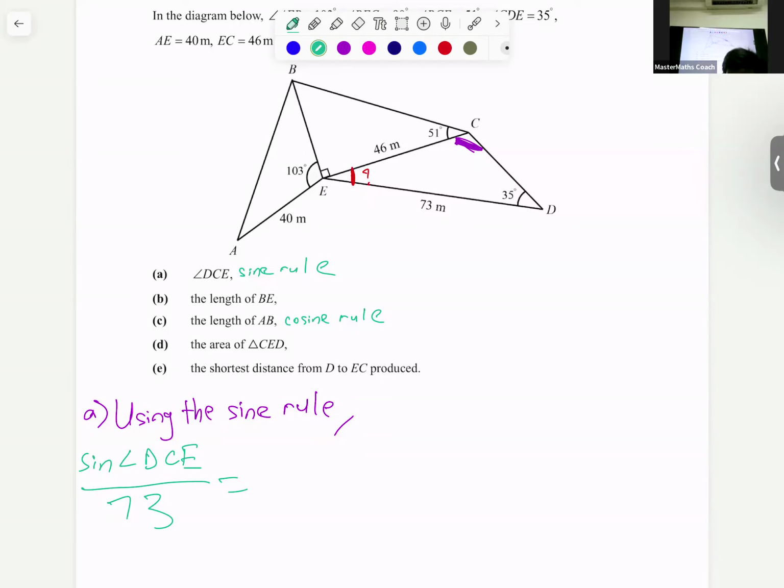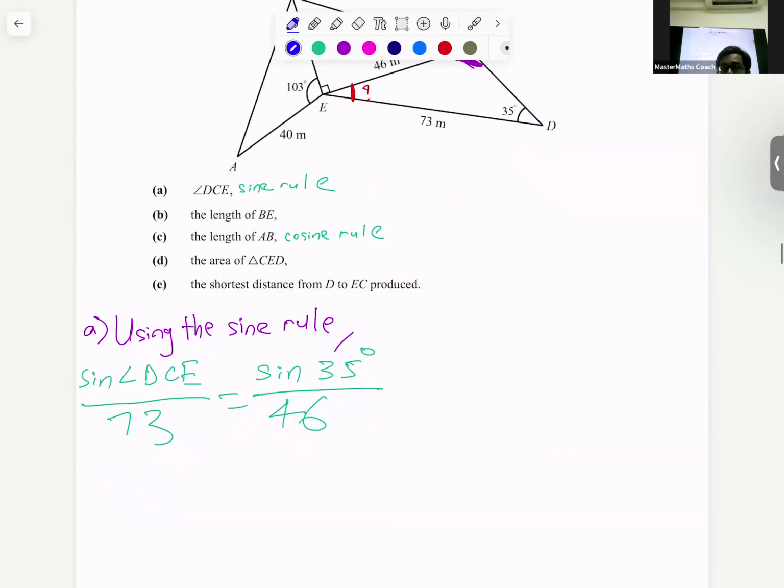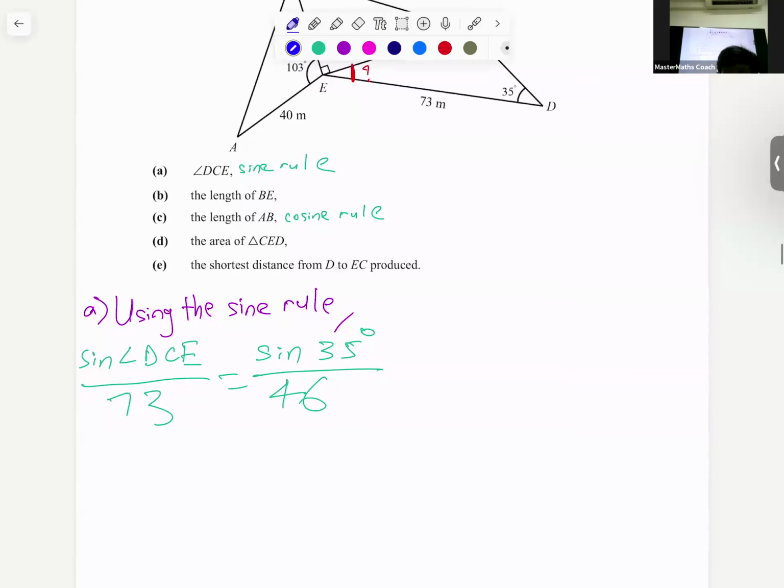so now we use another angle, sine of angle, which is 35 degrees, right? Over 46, correct. Okay, this is how you use sine rule. Then next thing you cross multiply.